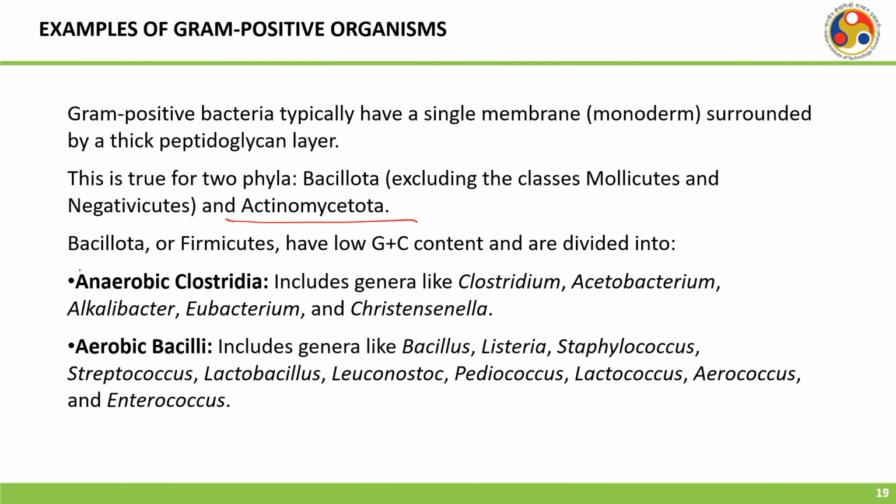Bacillota, or Firmicutes, have very low GC content, and can be divided into anaerobic Clostridia and aerobic bacilli. The anaerobic Clostridia contain genera like Clostridium, Acetobacterium, Alkalibacter, Eubacterium, and the aerobic bacilli contain genera like Bacillus, Listeria, Staphylococcus, Streptococcus, Lactobacillus, Leuconostoc, and so on.